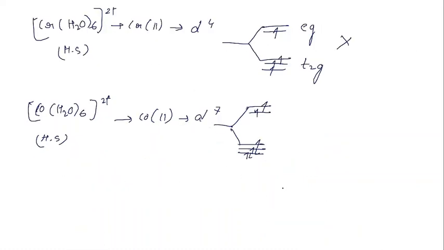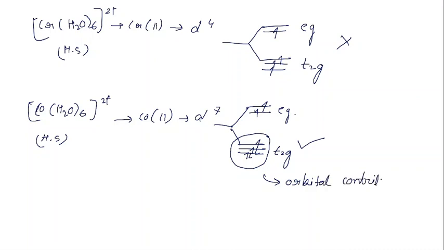All these things are already discussed, I'm not going into details. Here we can see that unsymmetrical distribution of electrons is there in the T2G set, triplet degenerate, so the orbital contribution will be there in the magnetic moment calculation.